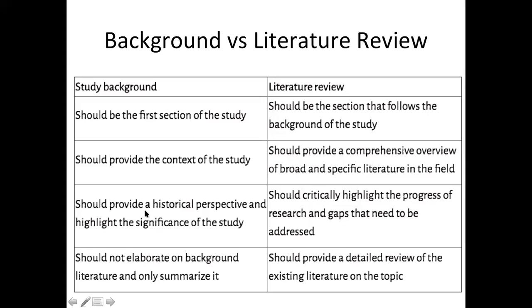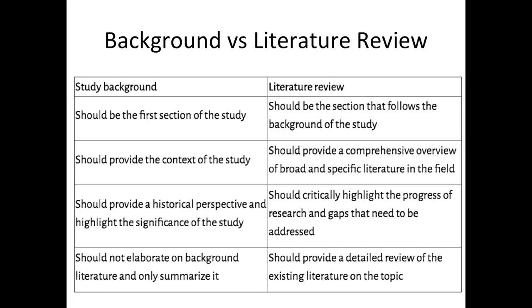And then in the background, we also should provide historical perspective and highlight the significance of the study. Historical perspective means what had been done from the early years until now. So what had been done about that. When you are talking about a variable and then you discuss the definition of the variable, you may want to start with the definition from the earliest stage of the variable.